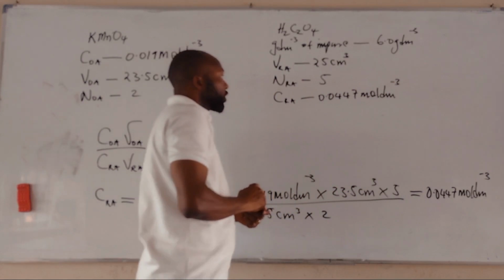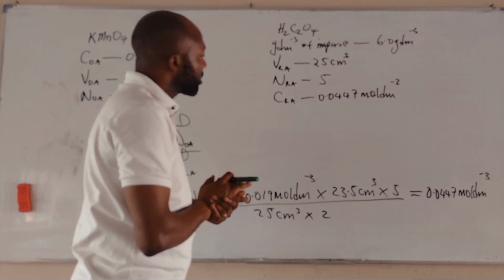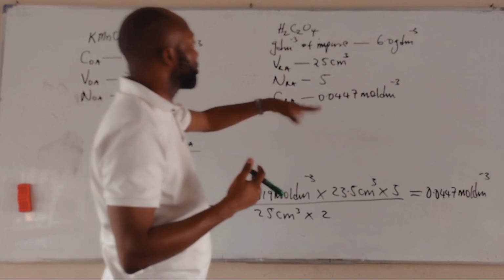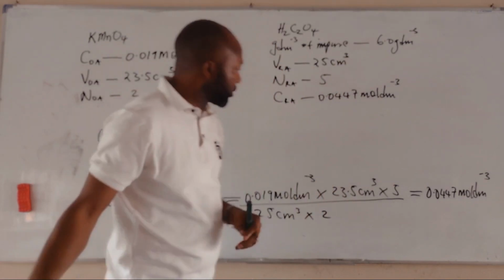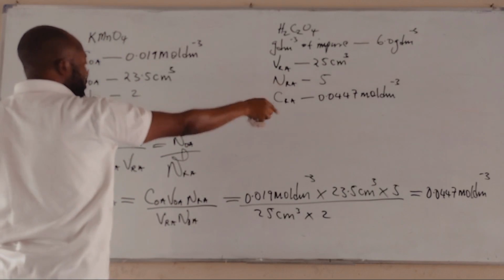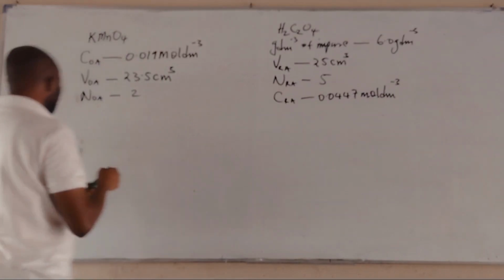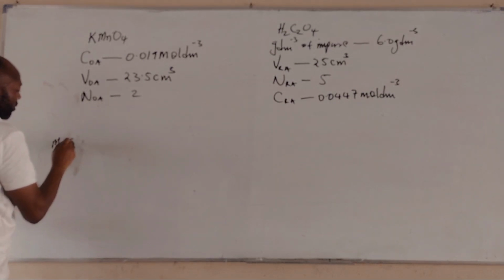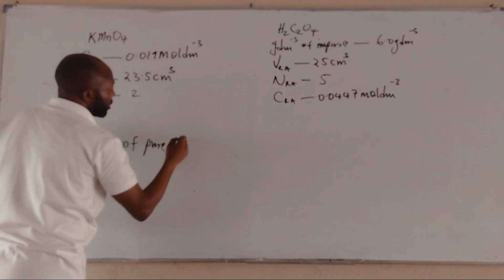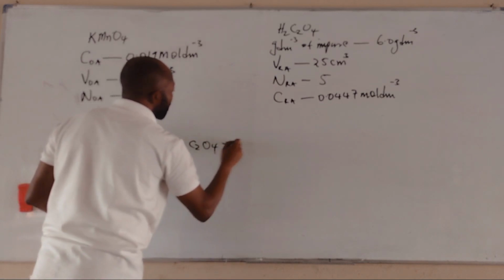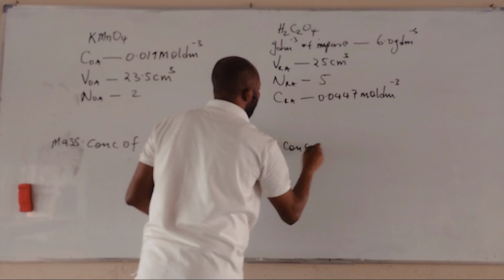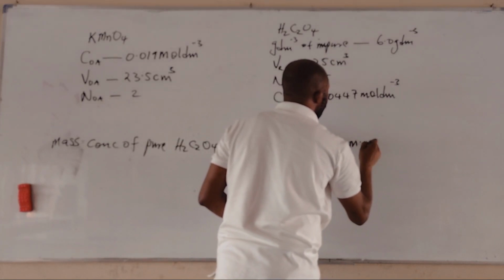Now we've gotten our molar concentration. So now to get the mass concentration of the pure, which is supposed to be lower than this. The mass concentration of pure H2C2O4 is equal to molar concentration times the relative molecular mass.